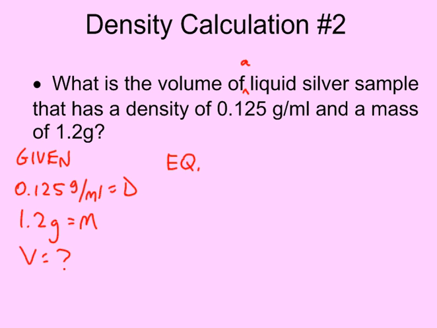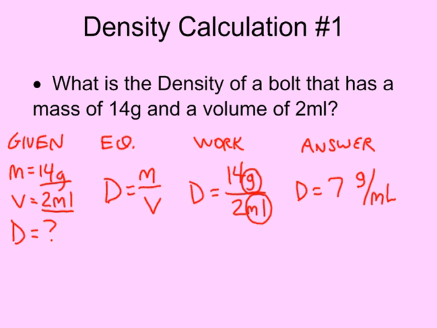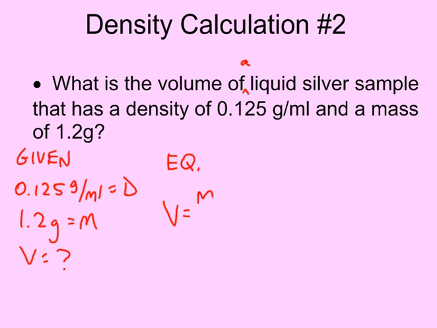So our equation is going to be V equals, go back to our triangle, V equals, so we're covering this up, and we're going to have mass divided by density. V equals M divided by D. Our work looks like this.